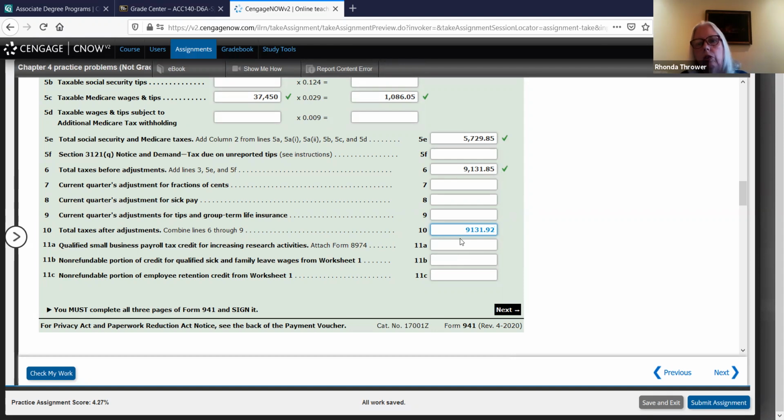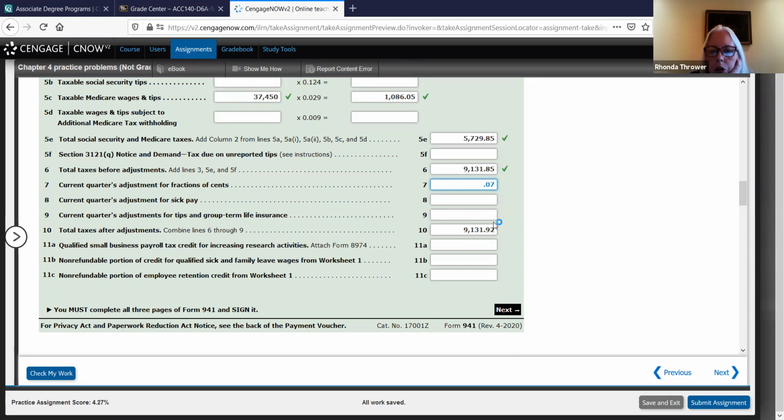And so the way you do that is you subtract and take the 9131.92 and back out $9,131.85. And that will give you the fraction of cents, which would go on line 7. The difference between those is 7 cents. So that goes here.